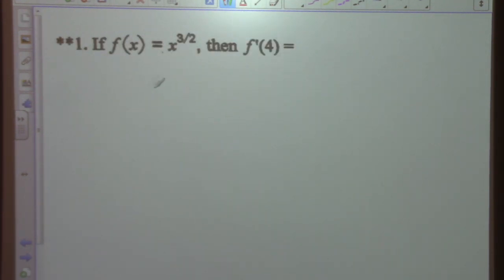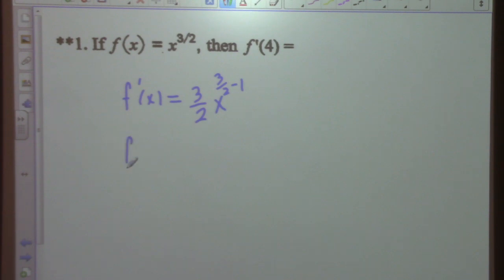Okay, so here, if f of x equals x to the 3/2, then f prime of x, what you do is you take this exponent, it's x to the power of 3/2, right? So this is going to be 3/2. So you take that exponent times x to the 3/2 power minus 1.